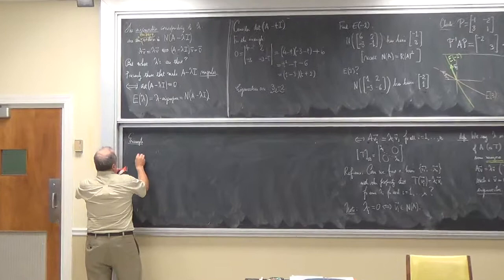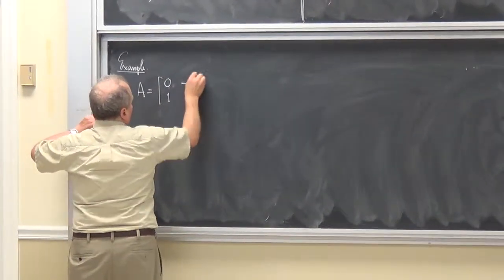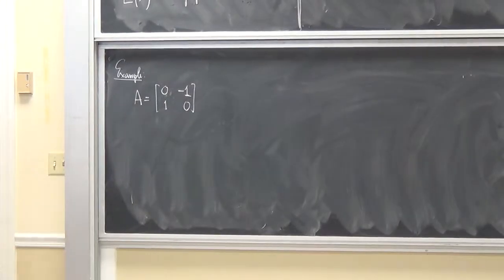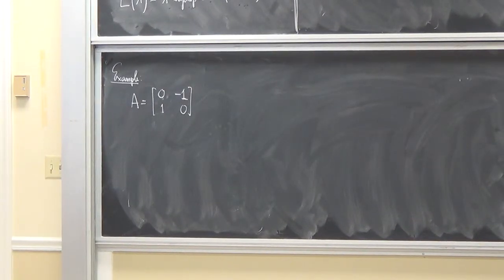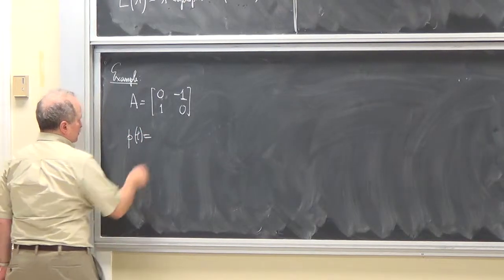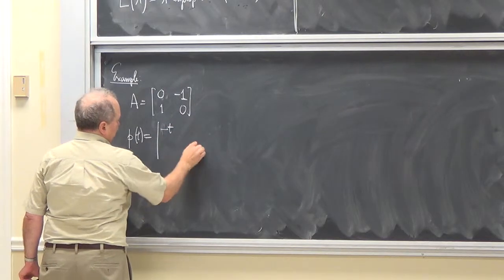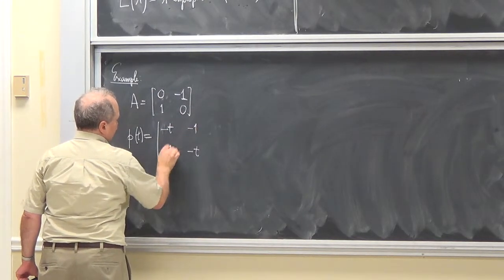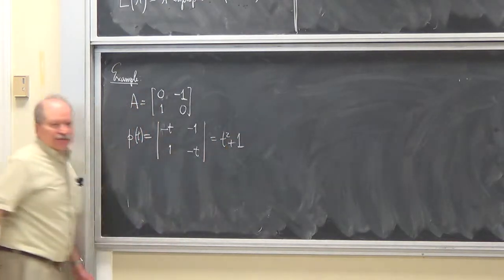Example. What about this matrix? What's the characteristic polynomial? I have to subtract t from the diagonals, so I got t squared plus 1.